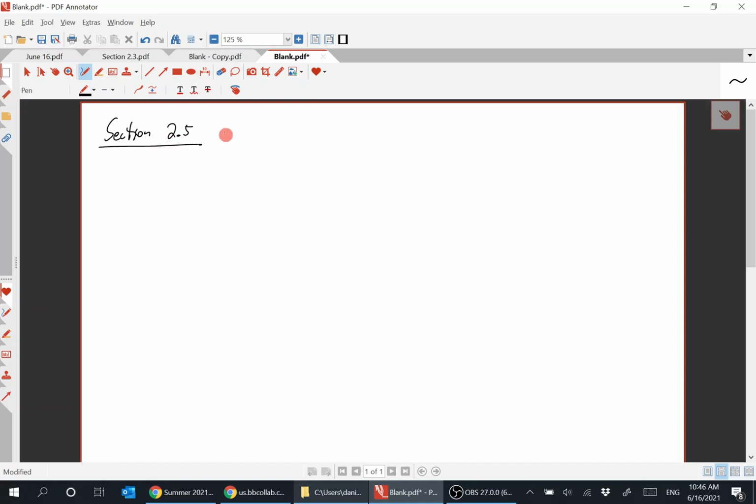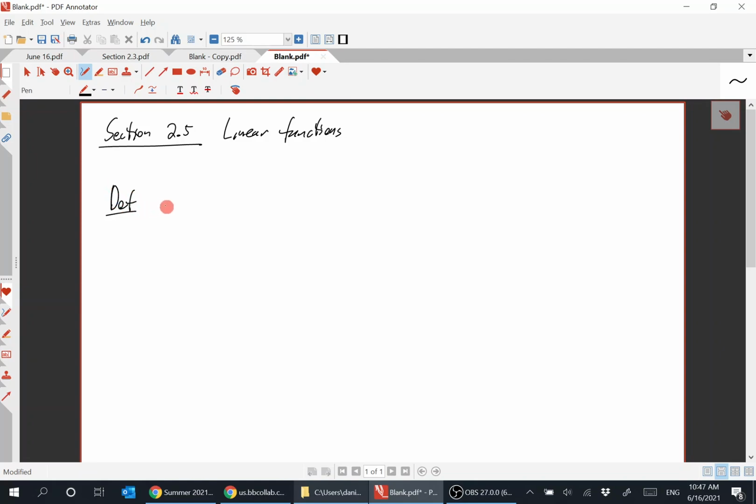Section 2.5 is on linear functions. We've talked about lines and equations of lines already. But now we're going to talk about functions, which essentially are given by graphs of lines. So it's kind of the same thing again, but we're going to talk about rates of change and examples that use these rates of change.